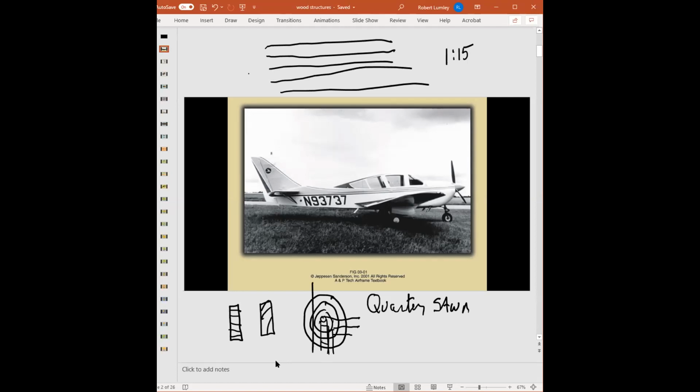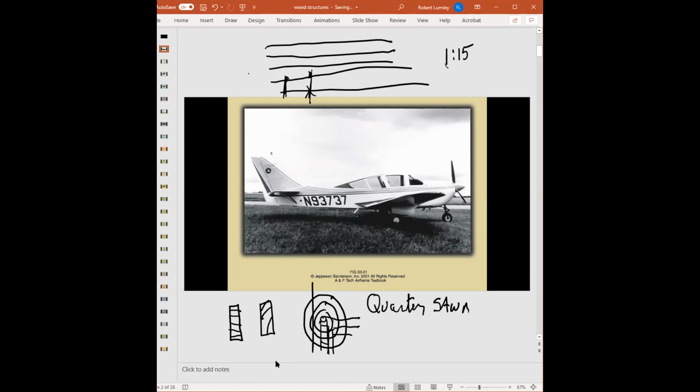Once the board is cut, an inspector has to check the grain. One of the things we're looking for is that the grain doesn't deviate more than 1 inch in any 15-inch length. So if from here to here is 15 inches, we measure from this point to this point, and then measure up, and that grain can't deviate greater than 1 inch.